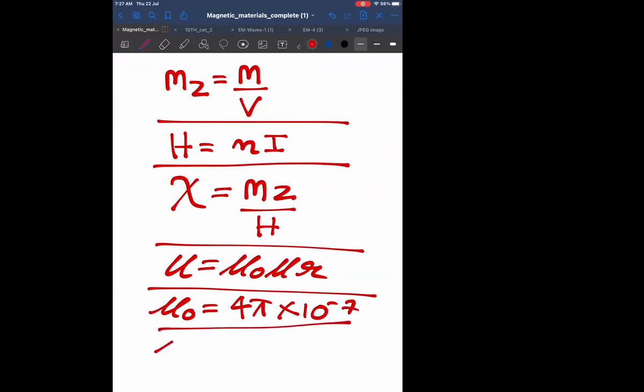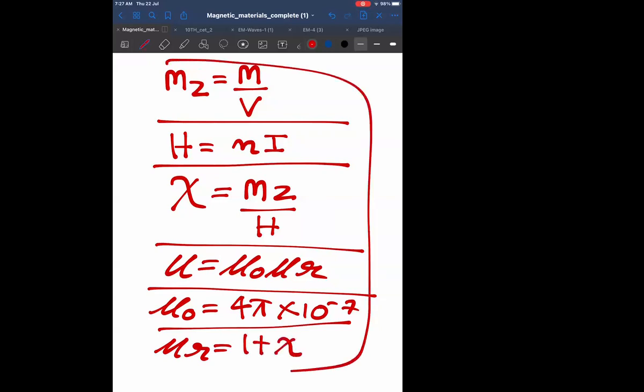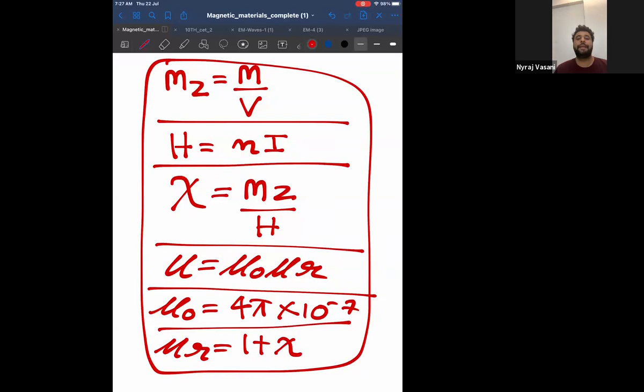And mu r formula: 1 plus susceptibility. I'm telling you this because we will be using this formula in the future, in the problems.